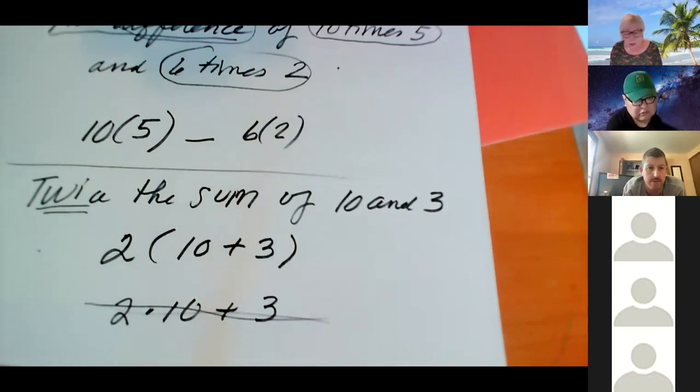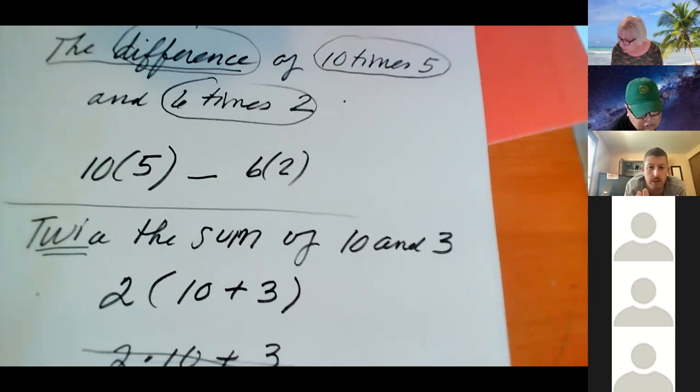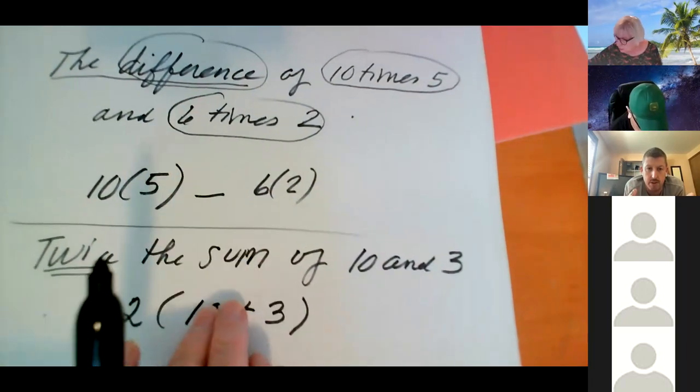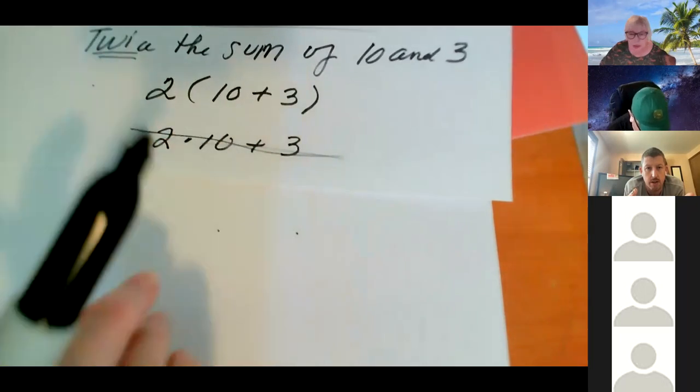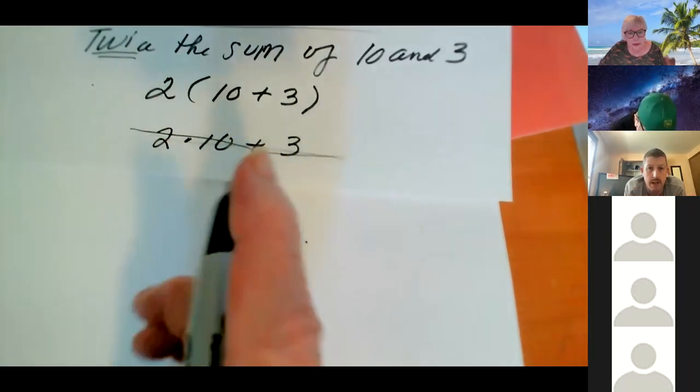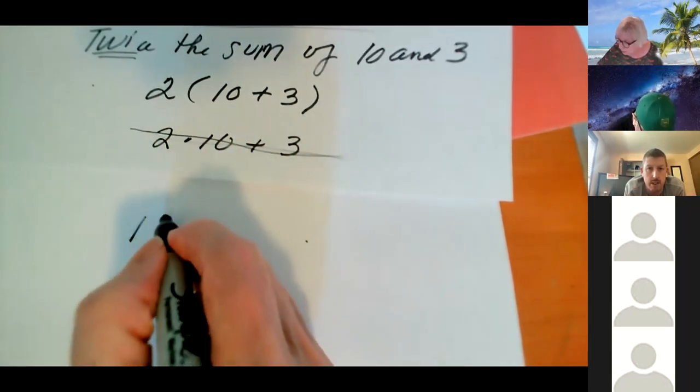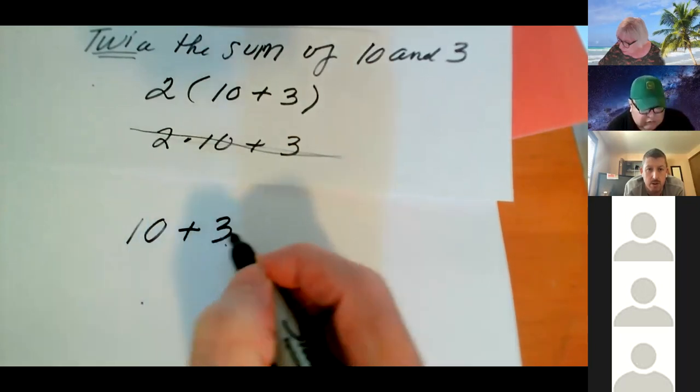I have a question. Yeah, go ahead. So it's kind of like my 10 to the 0 question. Why couldn't I write that as 10 plus 3 times 2? I understand that we have the rule of doing the multiplication first. Let's write it out as 10 plus 3 times 2.